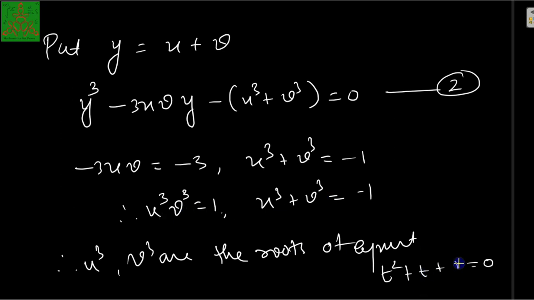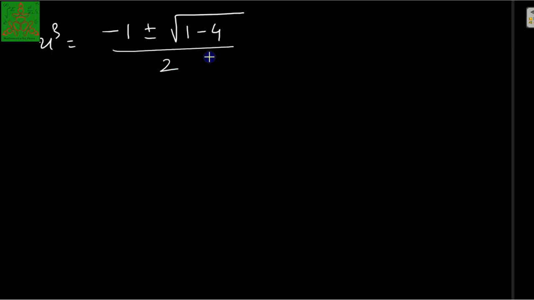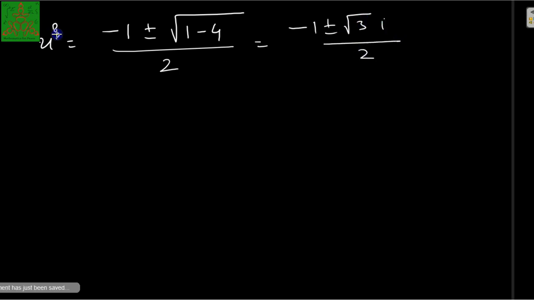The roots of this equation are t equal to minus b plus or minus square root of b square minus 4ac, all upon 2a, where a and b and c are all 1. So this gives you minus 1 plus or minus square root of 3i upon 2. So this is the value of u cube if I consider only the plus sign, and v cube is minus 1 minus root 3i by 2.